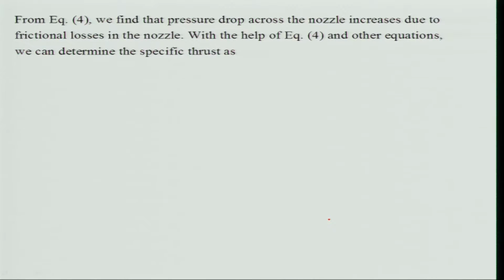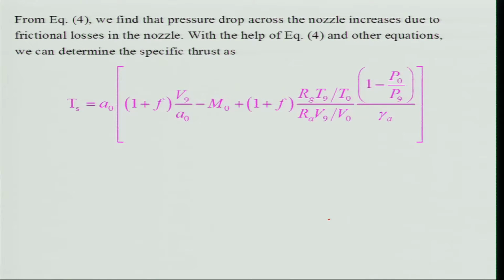And from equation 4, we find that the pressure drop across the nozzle increases due to the frictional losses in the nozzle. With the help of equation 4 and other equations, we can determine the specific thrust. We are basically finding out V 9 by a naught, m naught is known, 1 plus f we have already derived an expression for, and T 9 by T naught we have already found out how to go about.